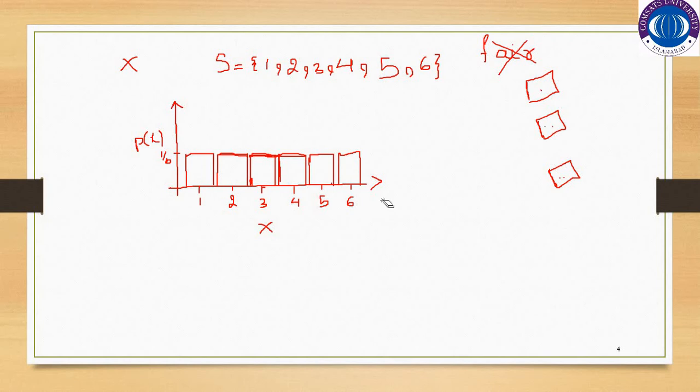Now we will draw the probability mass function for this particular scenario. Keep in mind that the die is no longer fair now. Why? Because two of the faces have similar outcomes, and if two of the faces have similar outcomes, then the chance of occurrence of that particular outcome will increase.